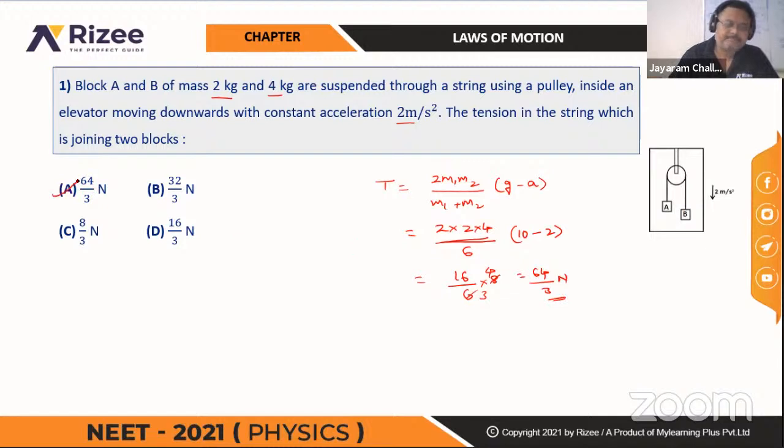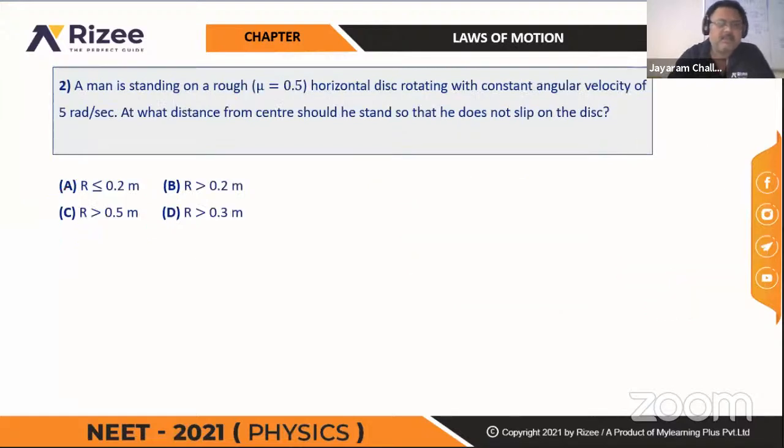So this is our first question. The acceleration in the Atwood machine can also be obtained as a is equal to the greater mass, or m1 minus m2 by m1 plus m2 of g. If you can remember these things, it will be comfortable for the student to solve in the examination.